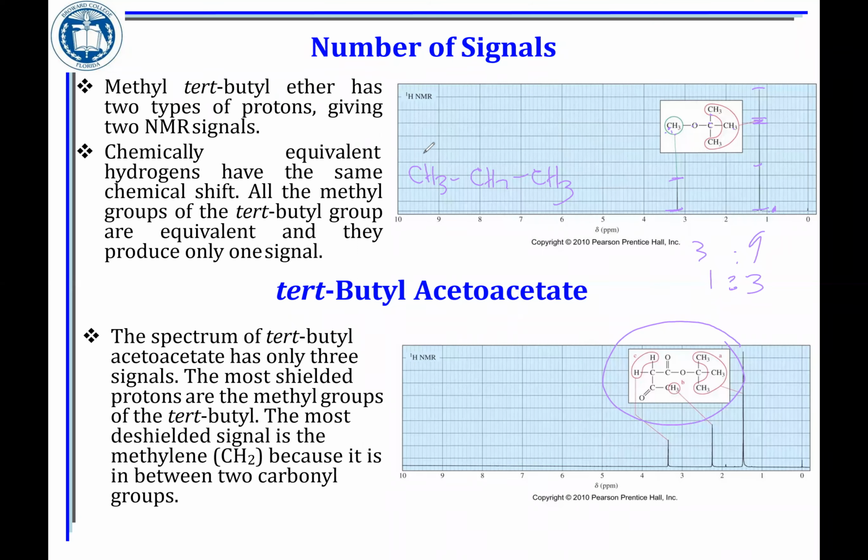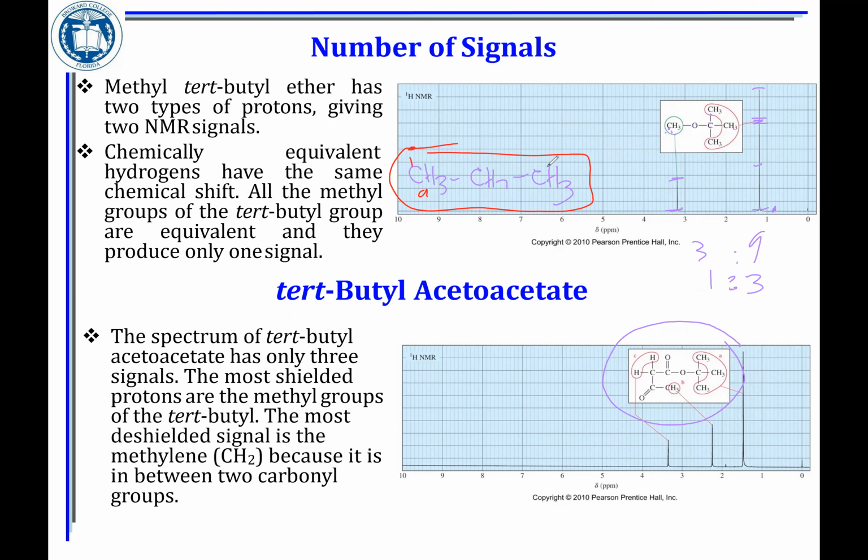If I call these hydrogens A hydrogen, the CH2 is going to be A hydrogen or B hydrogen. Is CH2 similar to CH3? Are these chemically the same based on the environment? Are they the same type of hydrogen or are they different?